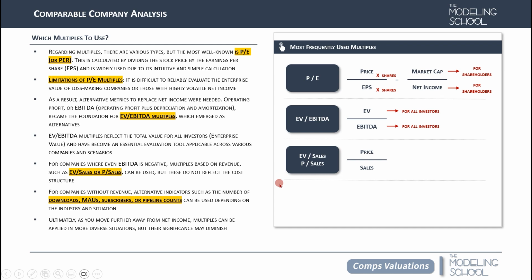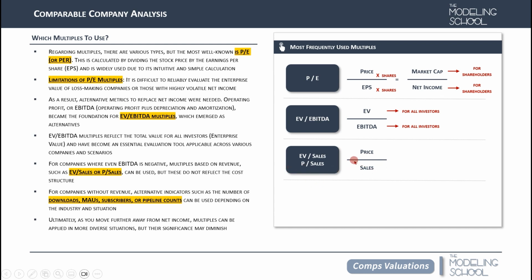And finally, there can be companies that do not even have revenue at this point. So very early stage startups like in Series A or seed stage, things like those, they don't even have a stable revenue.